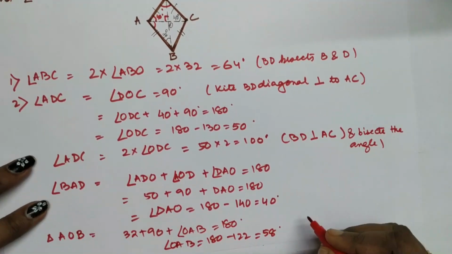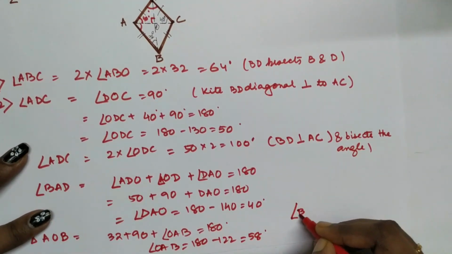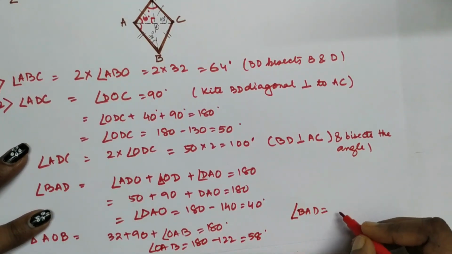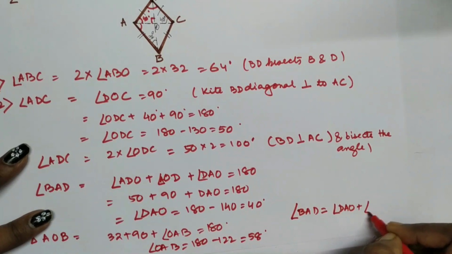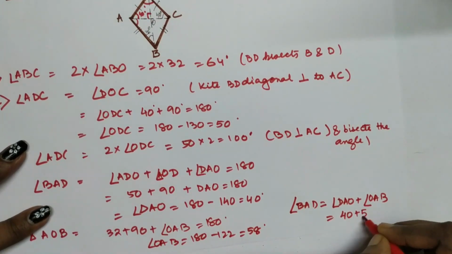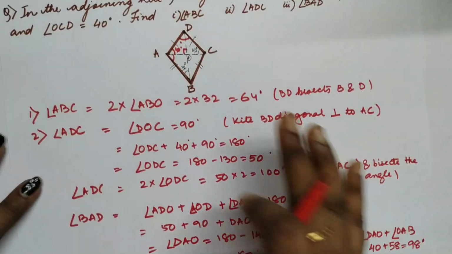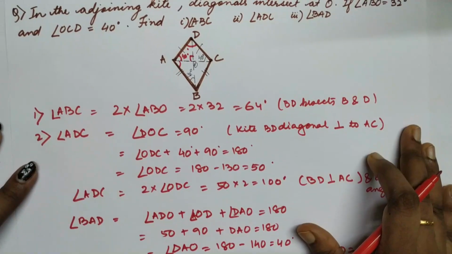So our answer, angle BAD, will be equal to angle DAO plus angle OAB, which is 40 plus 58 is equal to 98 degrees. So like this we are able to solve the questions related to the kite.